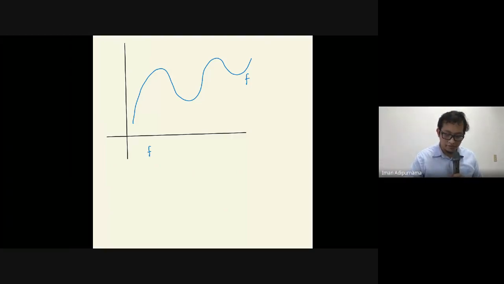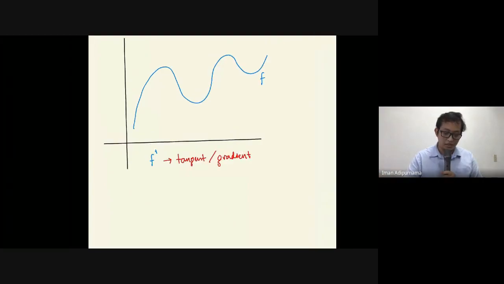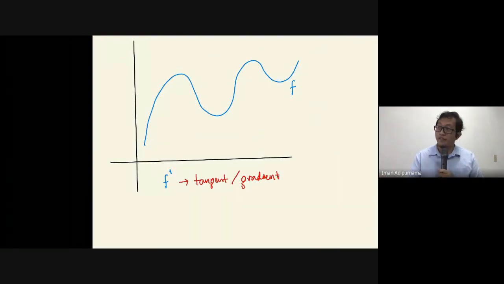So f prime is basically our tangent, or gradient. We can observe f prime from the original functions. Basically, we can observe from every point that we can see from the graph.